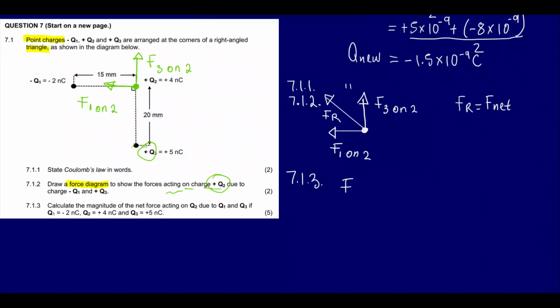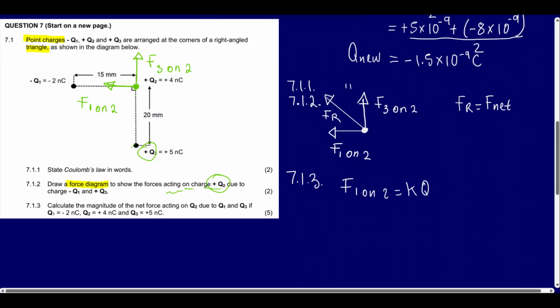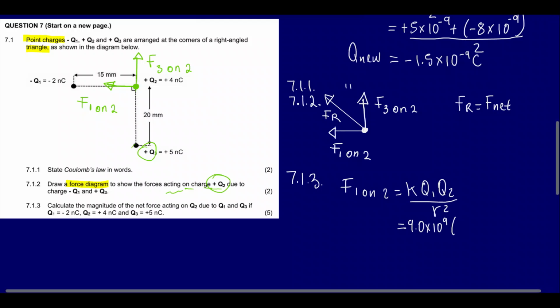So let's start by calculating the forces of those charges. Force 1 on 2 is going to be k Q1 Q2 over R squared. So what is k? 9.0 times 10 to the power of 9.